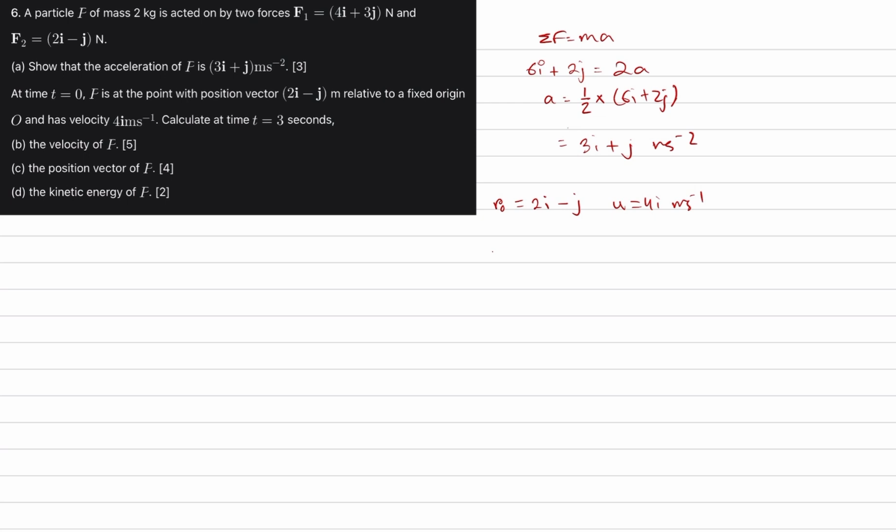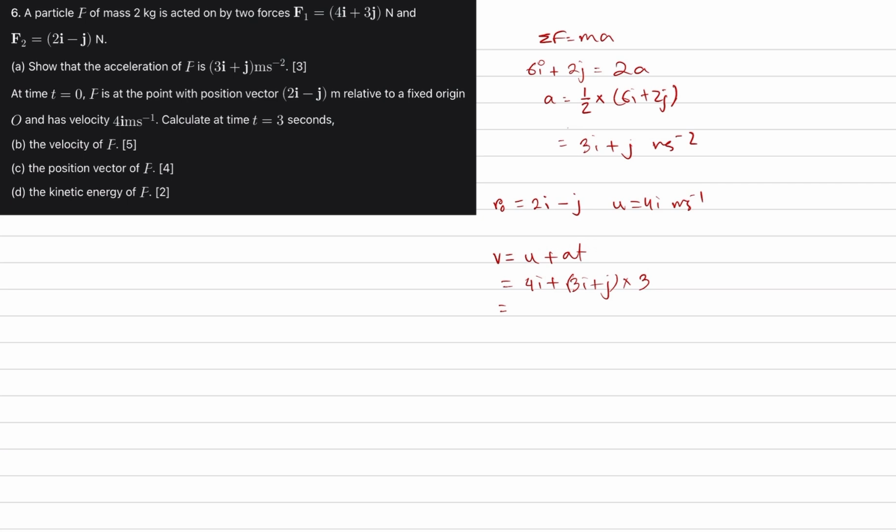At t equals 3, we can just do v is equal to u plus at. This is 4i plus the acceleration 3i plus j multiplied by 3. Now the reason we can use v equals u plus at is because the acceleration is constant. It's just 3i plus j.